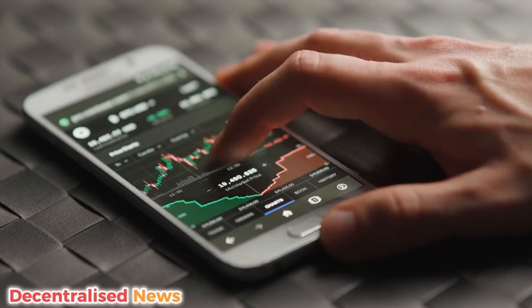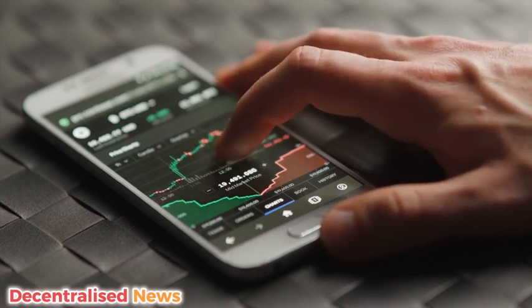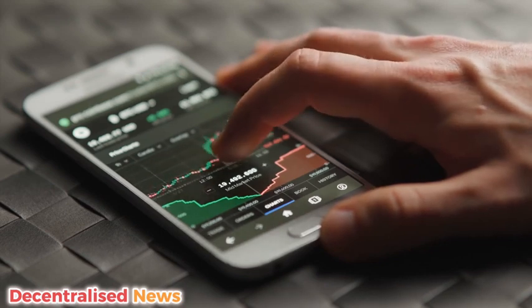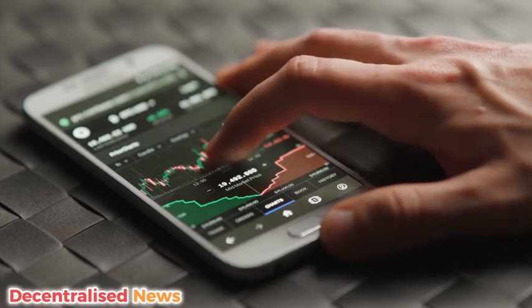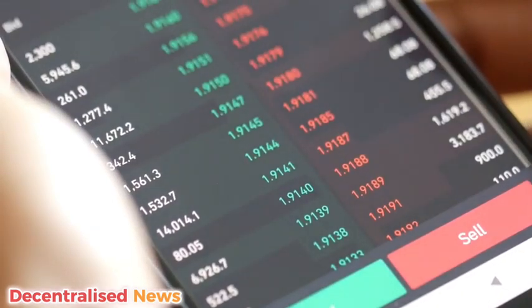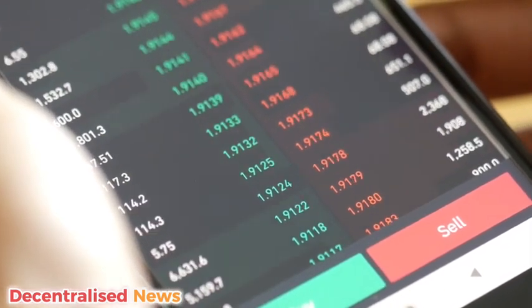As we see this AI technology really advance, there are many opportunities for traders to navigate this dynamic cryptocurrency market using AI trading bots.